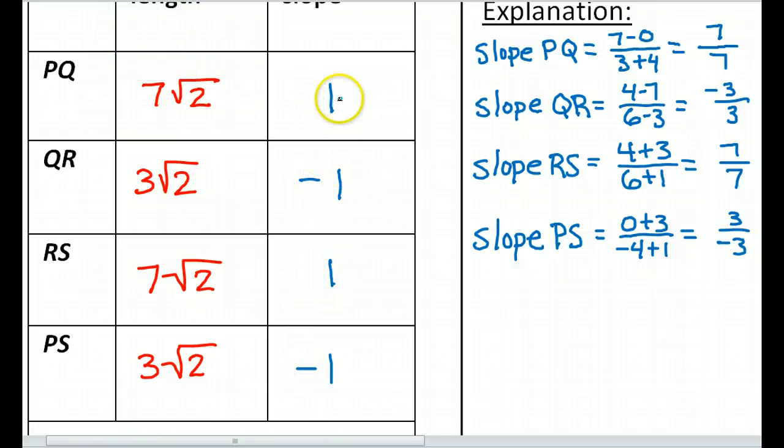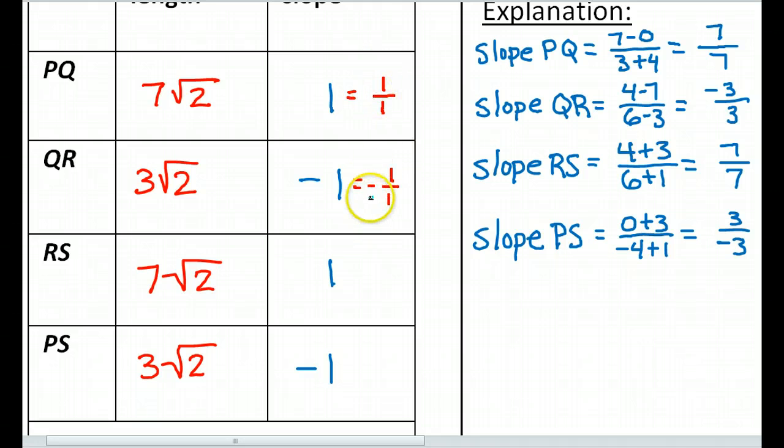But are they reciprocal? Remember that 1, if I wanted to look at it as a fraction, would be 1 over 1. So what is the reciprocal of 1 over 1? Of course, the reciprocal of 1 over 1 is still 1 over 1.